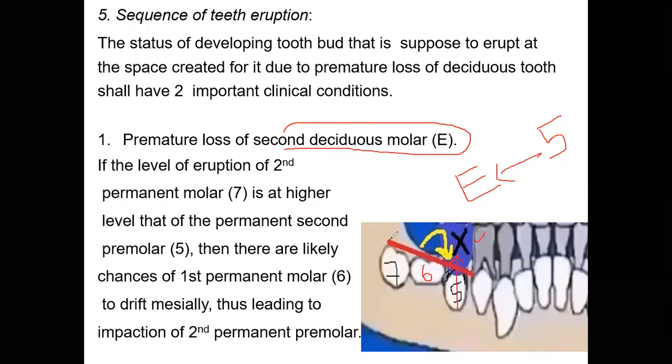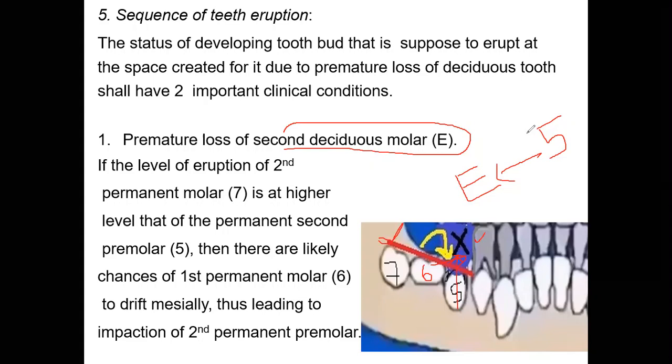If the level of the permanent second molar is higher than the level, can you see this, I drew this line, the level of 7 is higher than the level of 5, then there are chances that the 6 will drift into this space.